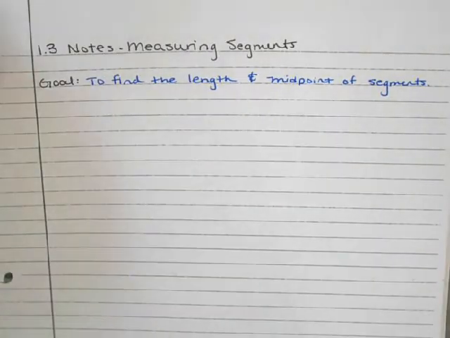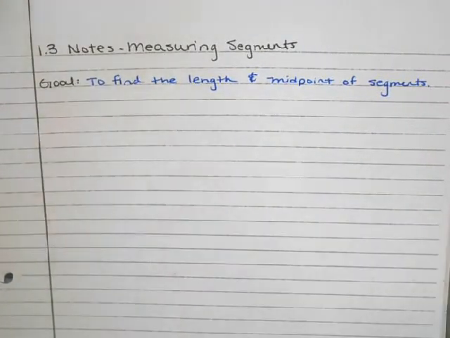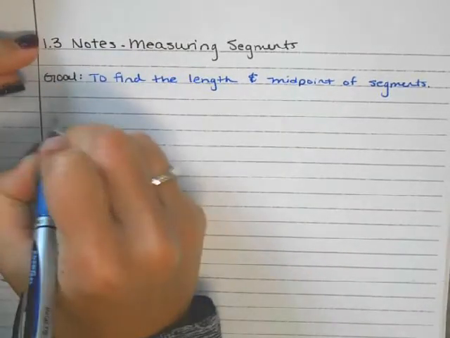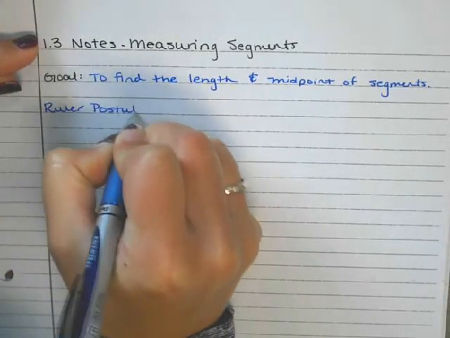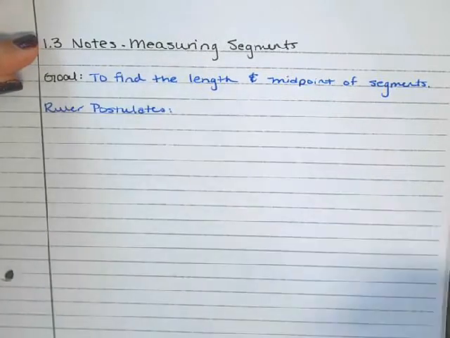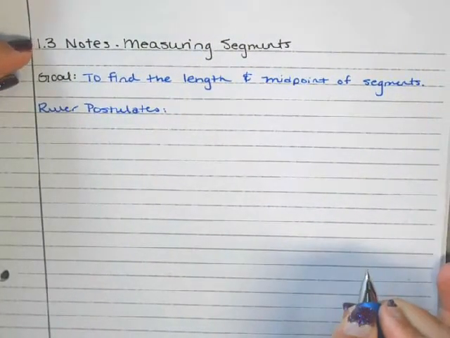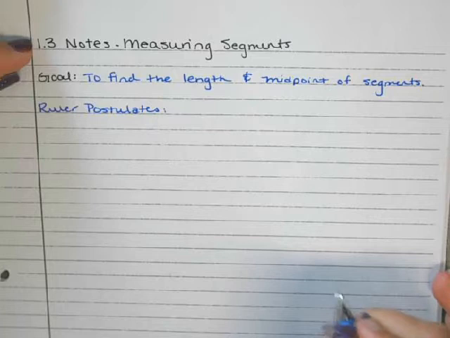And we have another postulate. The way we defined a postulate, it's obviously true, and I don't have to prove it or convince you of it. So the ruler postulate is one of those. It's that a number line is similar to or equal to a ruler.